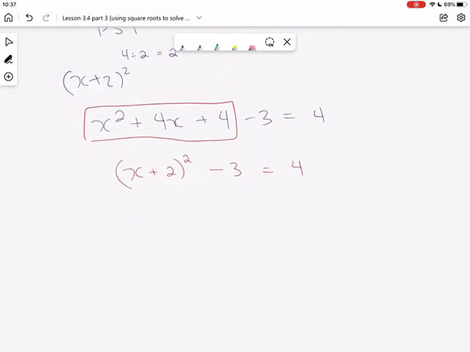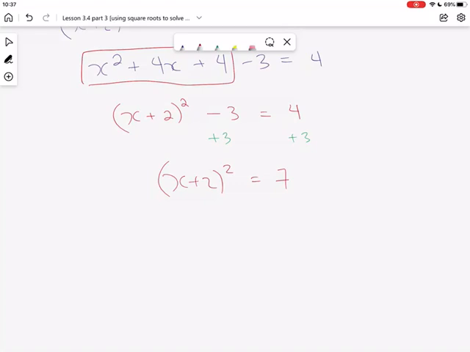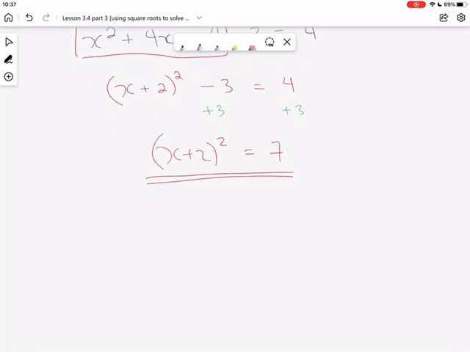Now I can push the 3 to the other side, and I will have x plus 2 all squared equals 7. And now this is starting to look like something we solved in our previous lesson.